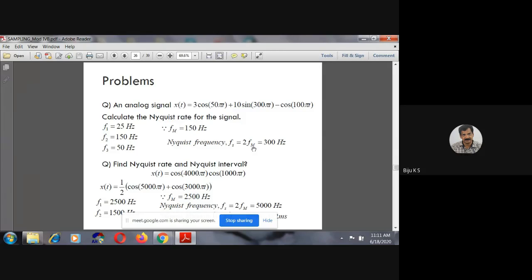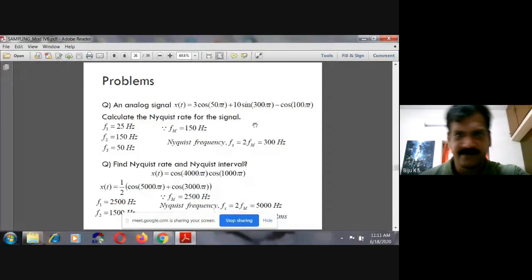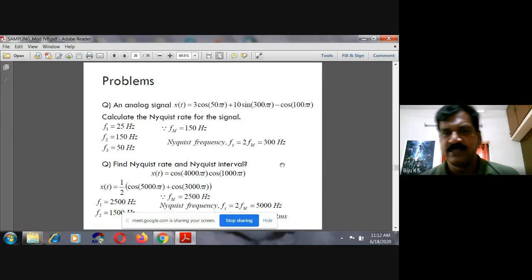F maximum is the Nyquist rate frequency. So 2 into 150 is equal to 300. So even though the signal is a complicated one, the sampling frequency we take is twice the highest frequency. Okay.